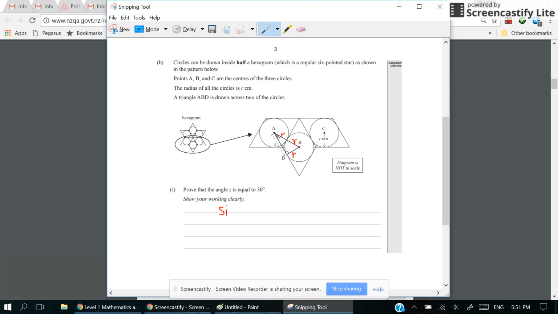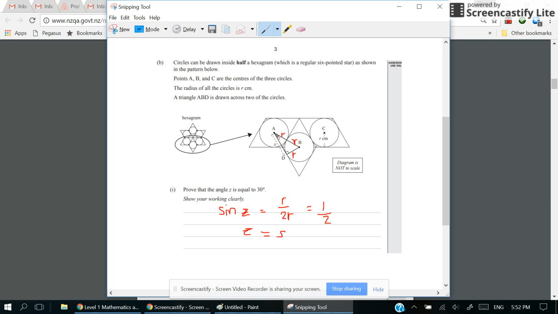In this case, sine Z is equal to the opposite side, which is r, divided by 2r, which is a half. And then we know from trigonometry that if sine Z equals a half or 0.5, then Z must equal 30 degrees.